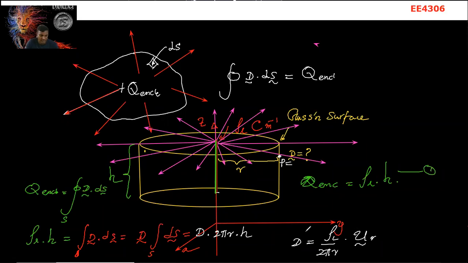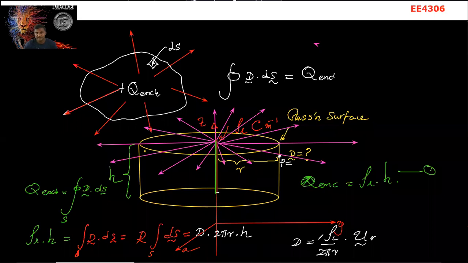So this is the method of how we apply the Gaussian theorem. By doing the surface integration of the flux density, you can compute the net charge enclosed by the selected surface area. You can select any shape of Gaussian surface.